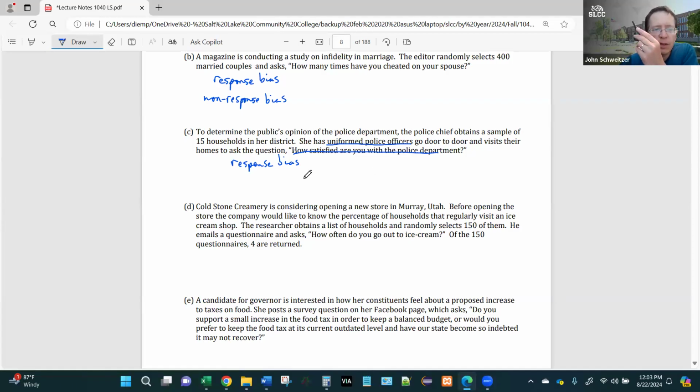Good. So D, we have Cold Stone Creamery. They're opening a new store. So of course, before you open a new store, you do some kind of market research. And so they want to know the percentage of households that regularly visit an ice cream shop. And so they get a questionnaire. How often do you go out to ice cream?